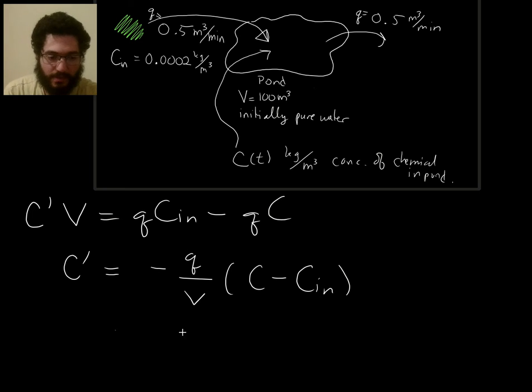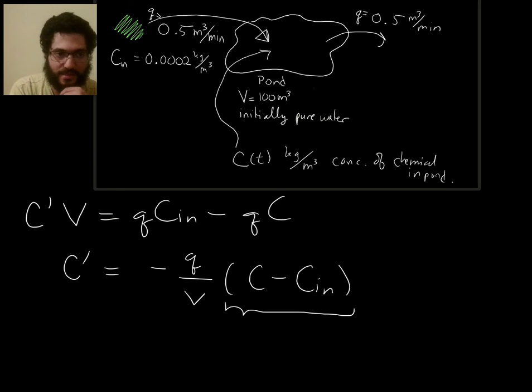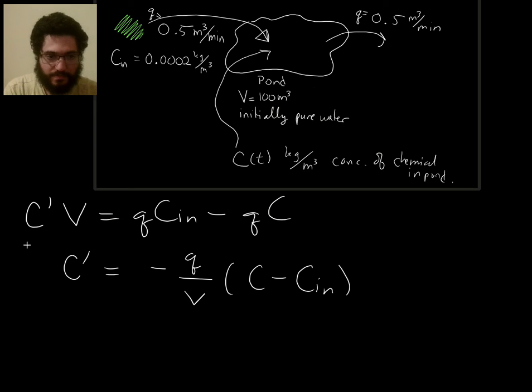So all I need to do now is divide both sides by this thing. And like before, I'm just going to divide by this thing because I don't want to have my integral be more complicated looking than necessary. So this is dc dt.